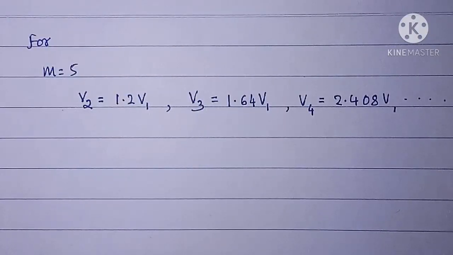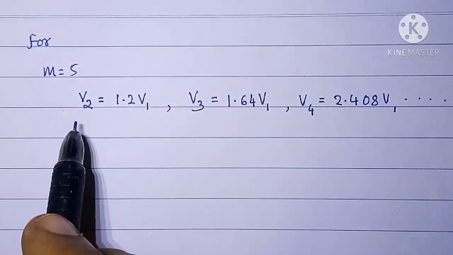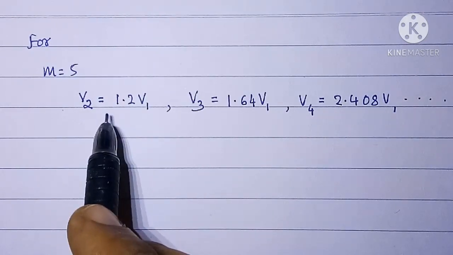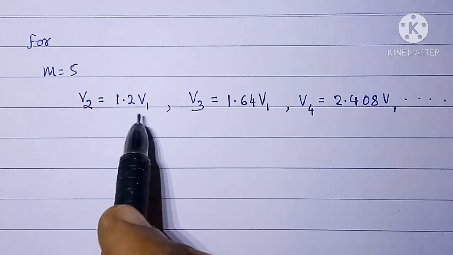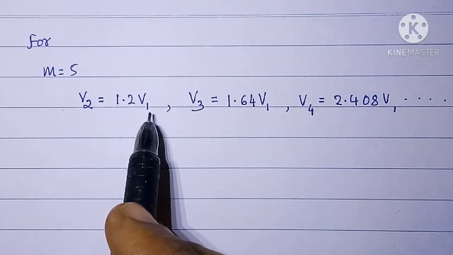Dear students, in the last class we studied how the voltage across the string insulators is distributed, and there, for m equal to 5, we have seen the voltage across the second unit of the insulator from the top is 1.2 times the voltage across the first insulator from the top.